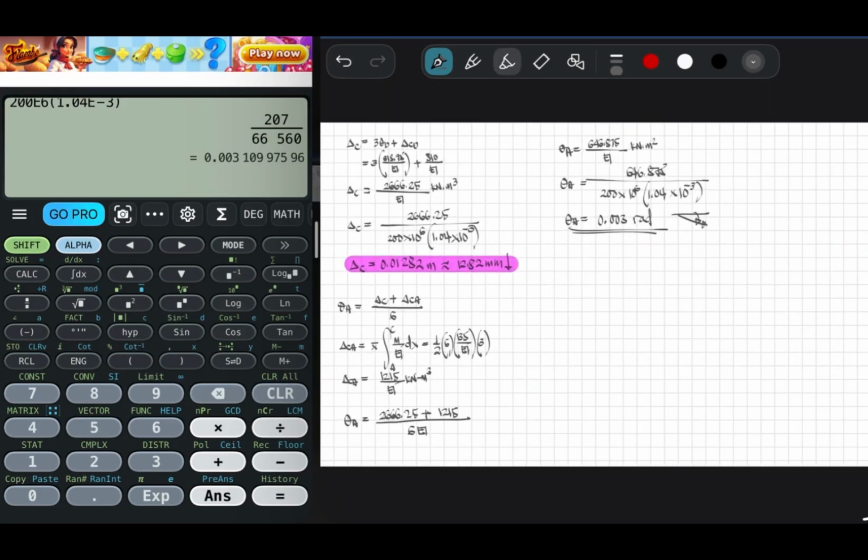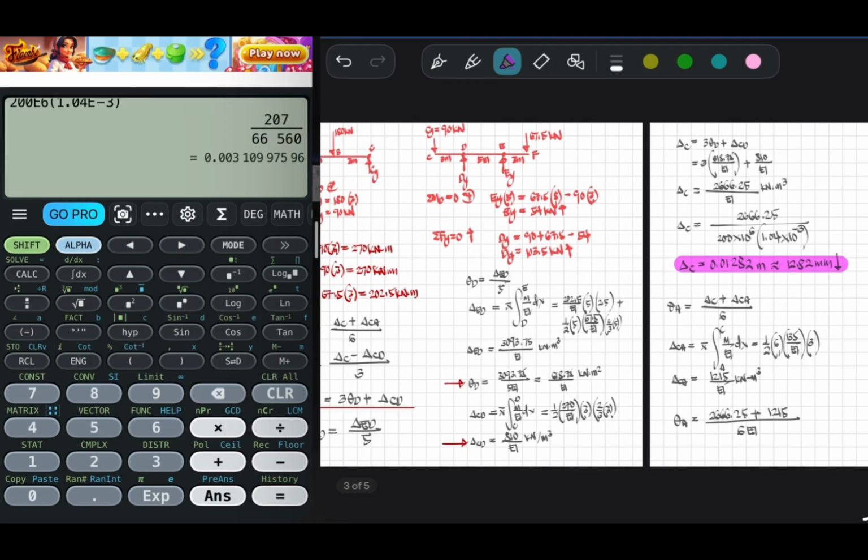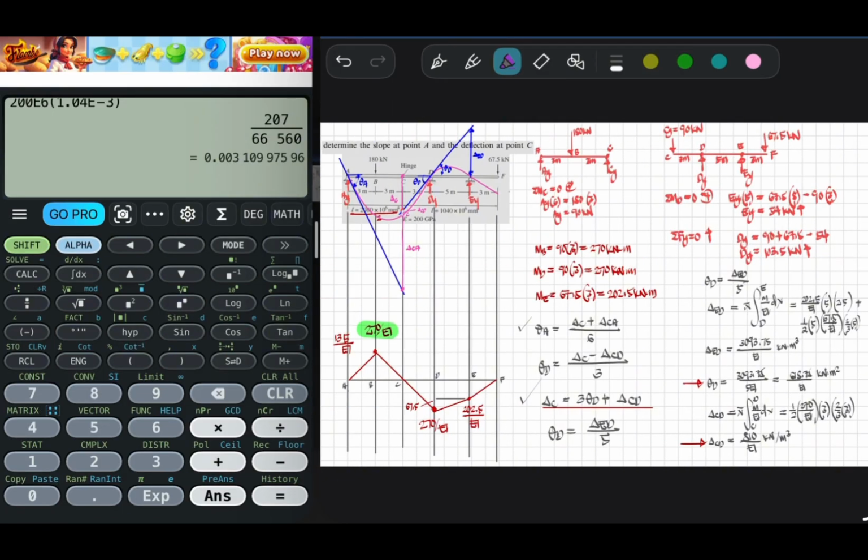Okay, so this is the slope at A and the deflection at C for this given beam.